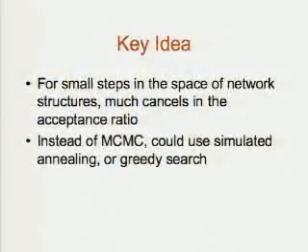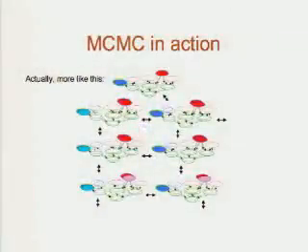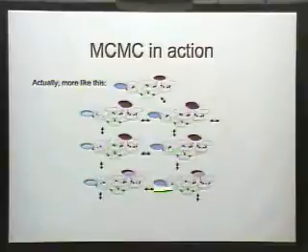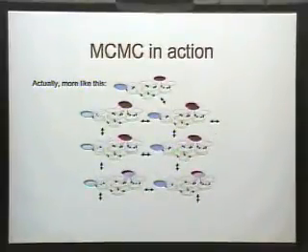So this was Metropolis Hastings. We also did Gibbs on the specific values of the other variables. So here you have MCMC over the different structures, and here you have MCMC over the different possible values that the variables could take. So it was sort of like a two-layered MCMC.